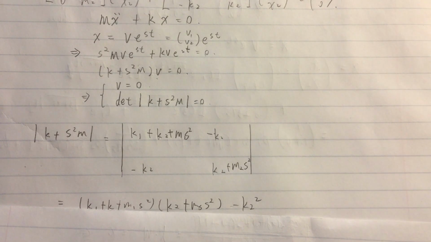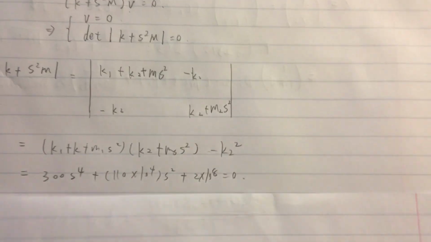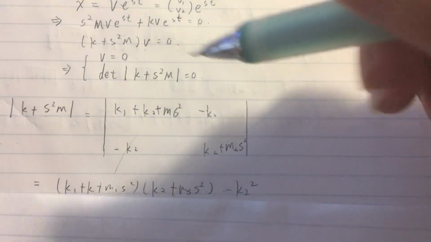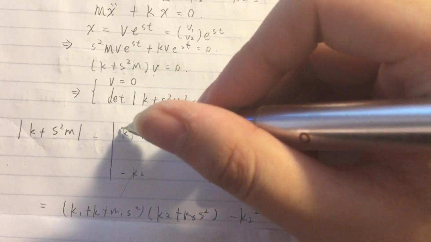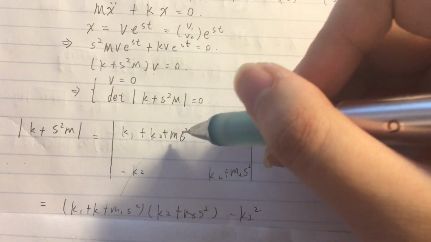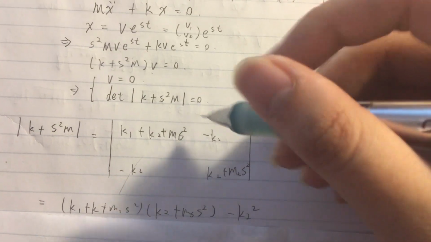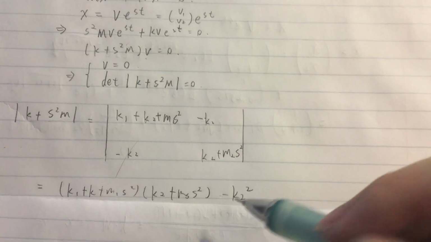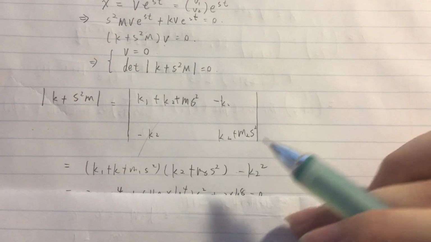That's it. Then we write down the determinant of this matrix. The determinant is calculated as the product of the diagonal values minus the product of the off-diagonal values. So we get an equation, and this equation should equal 0.